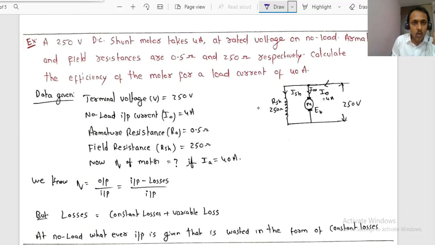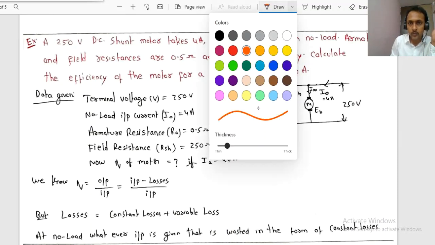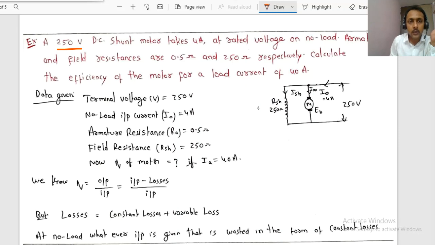A 250 volt DC shunt motor takes 4 amps at rated voltage on no load.